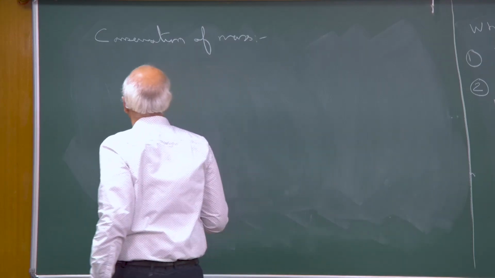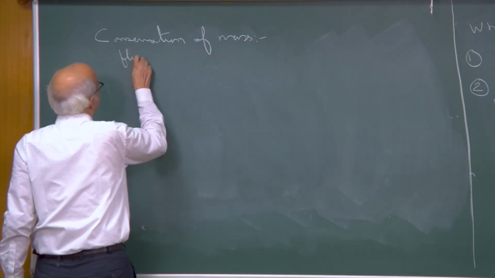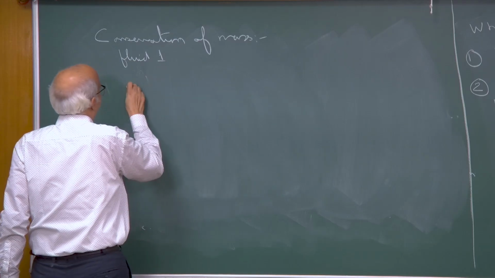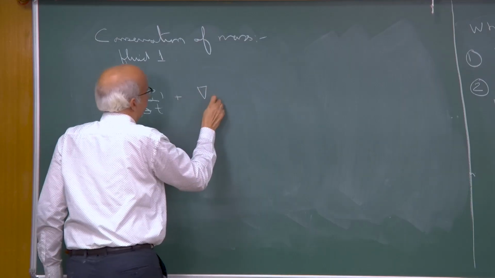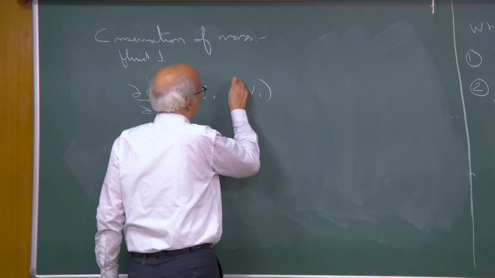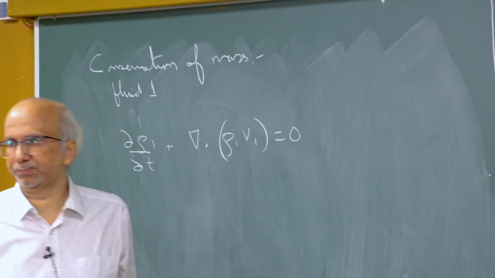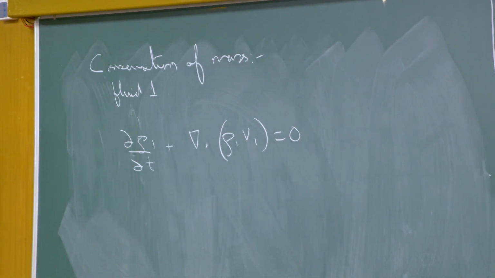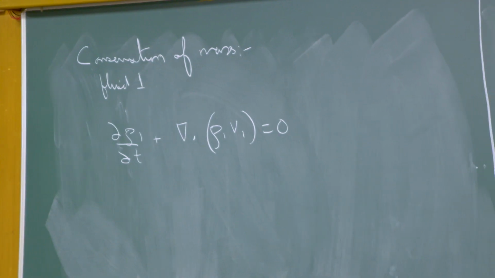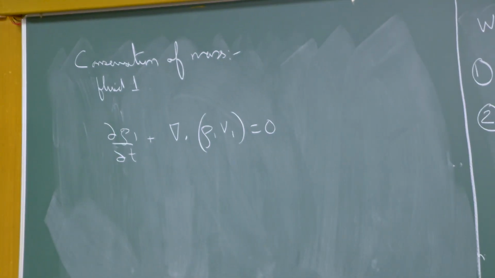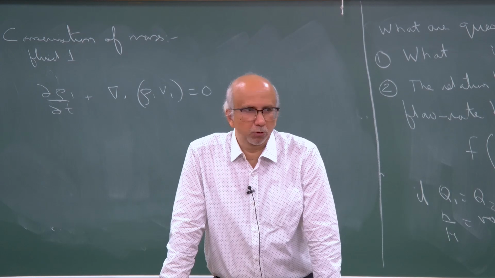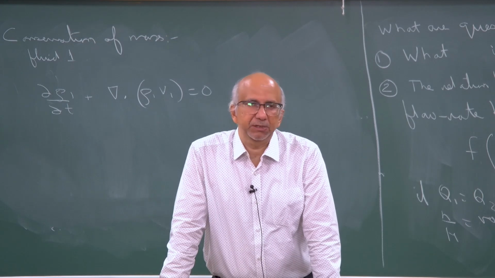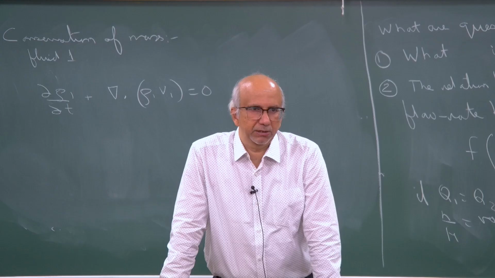So, here for fluid 1, I am going to write d rho 1 by dt plus divergence of rho 1 v 1 equals 0. Now, all of you have seen this equation before? How many have not seen this equation? Okay, I am going to assume you all know this equation, we proceed. This is called the equation of continuity, conservation of mass.